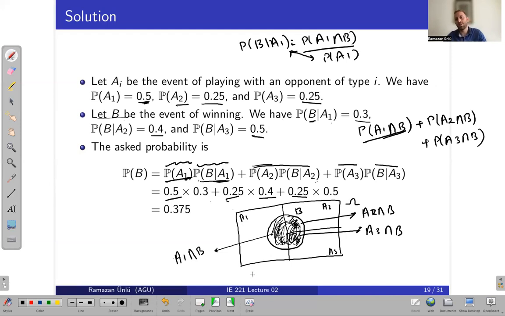I hope this is clear and you understand the logic behind this theorem. Again, please don't memorize formulations. Maybe just a simple one like this from the definition, and then you can derive all these multiplication and other rules using just one simple formulation, and try to understand the logic.